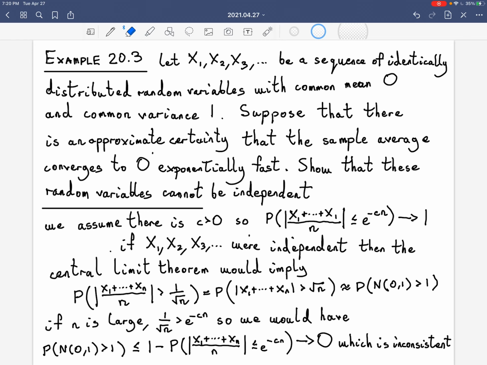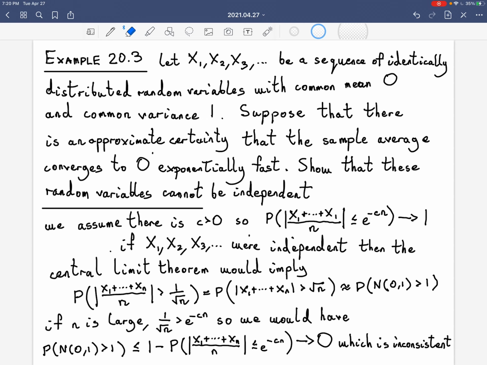So you can't have exponential decay with independent random variables because the central limit theorem would say that the probability of a square root n error is too high for that to be realistic.